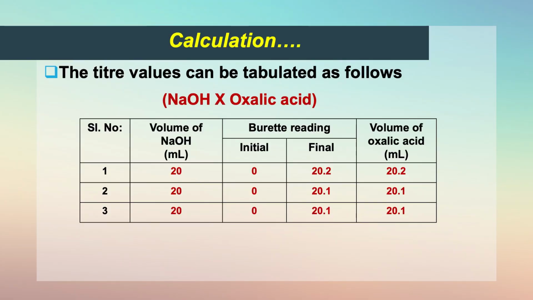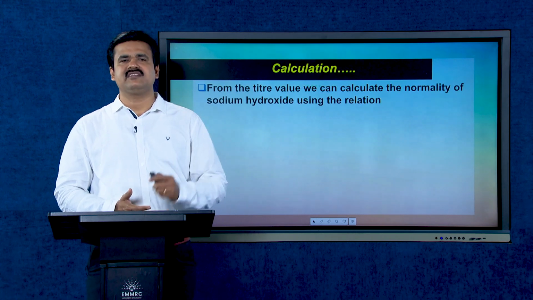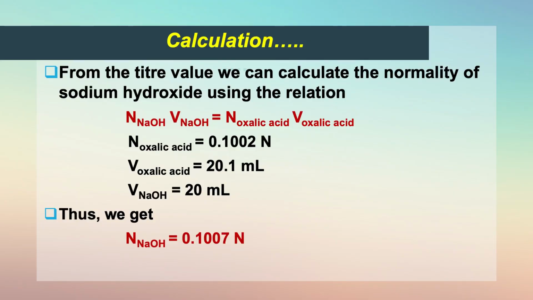Sodium hydroxide against oxalic acid is the titration. Volume of sodium hydroxide pipetted out is same in 3 titrations, and that is equal to 20 ml. In order to get the concordant value, we conducted titration thrice, and we got the concordant value, that is the volume of oxalic acid solution equal to 20.1 ml. Now, from the titer values, we can calculate the normality of the sodium hydroxide solution using the relation N NaOH into V NaOH is equal to N oxalic acid into V oxalic acid, that is the volumetric relation.